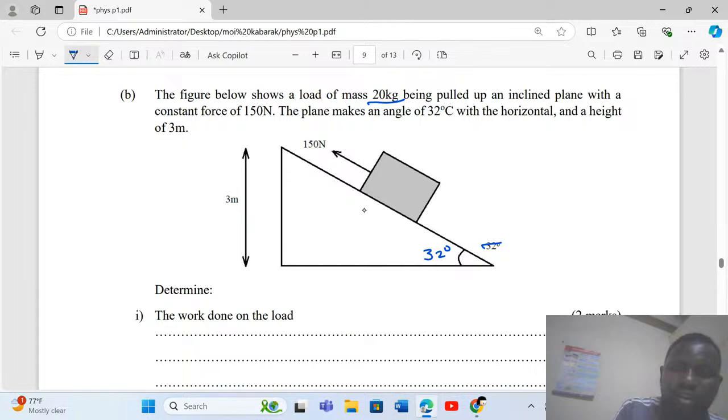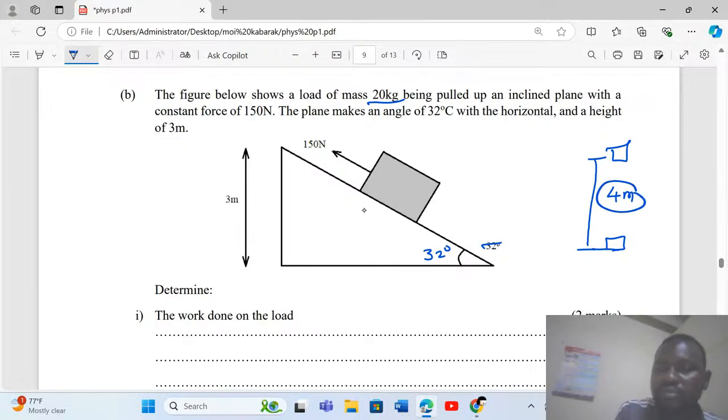The work done on the load is like lifting it from the base all the way to a height of 3 meters.